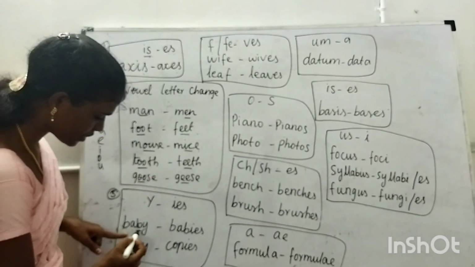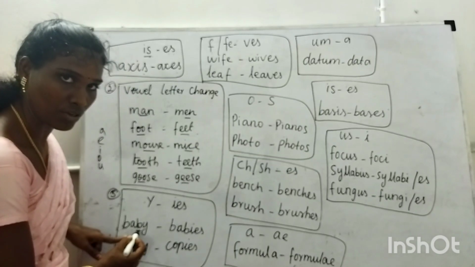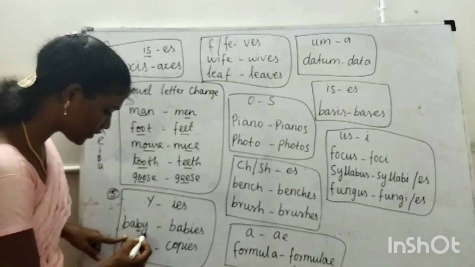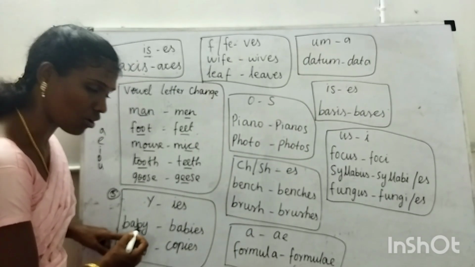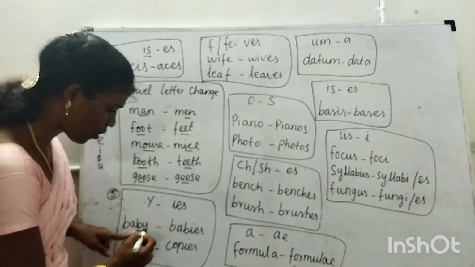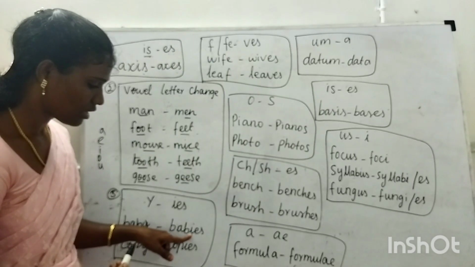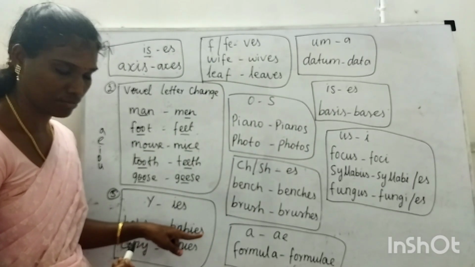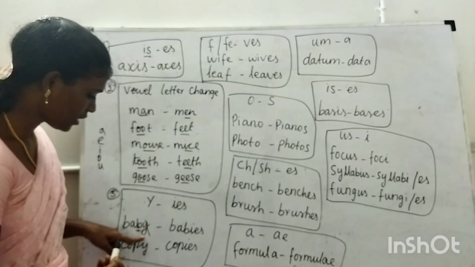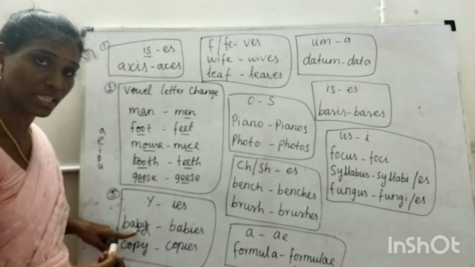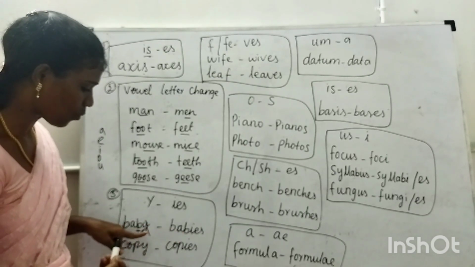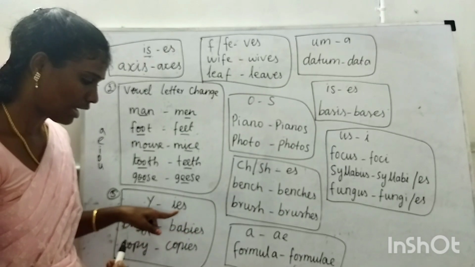Before this y, you can find a consonant letter. So when a word finishes with y, if it is preceded by a consonant letter, in the plural form this y will be removed and ies added.